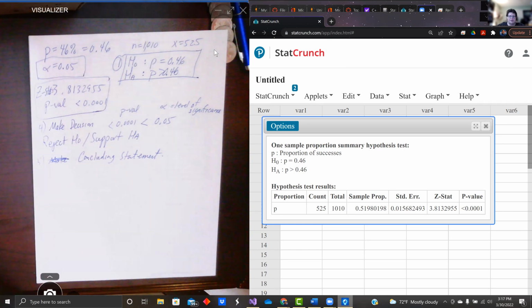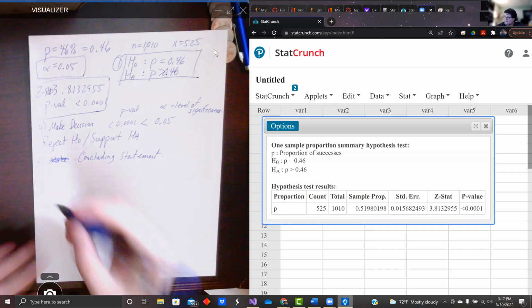So the 0.46 were the people that did not trust the media. And so the alternate is that it's higher than that.